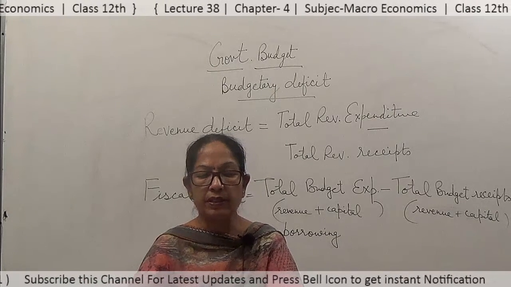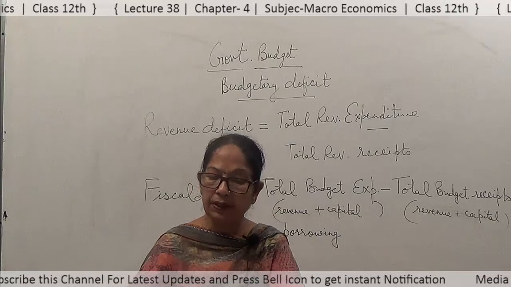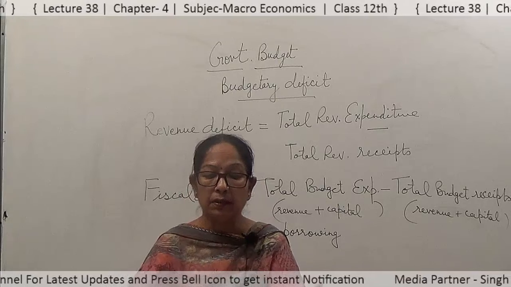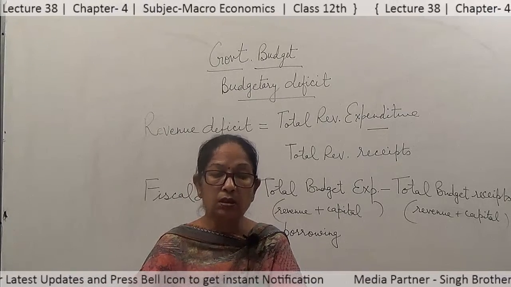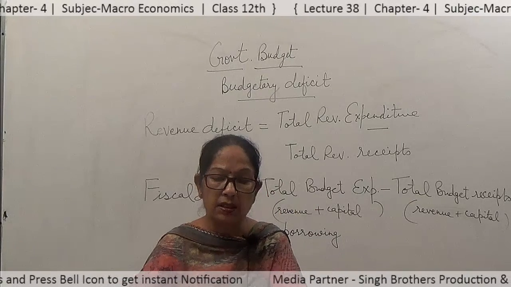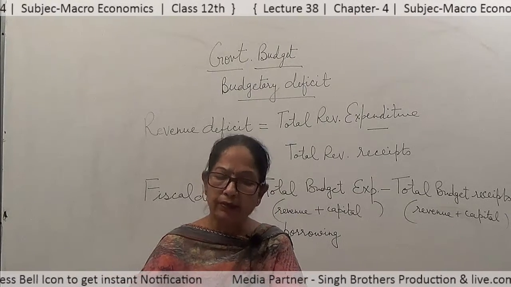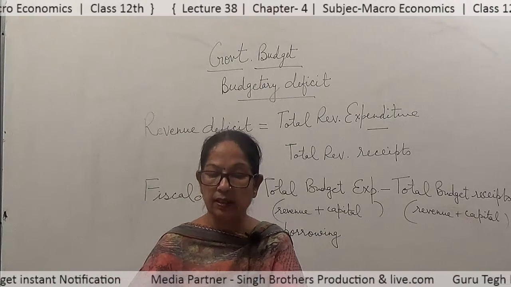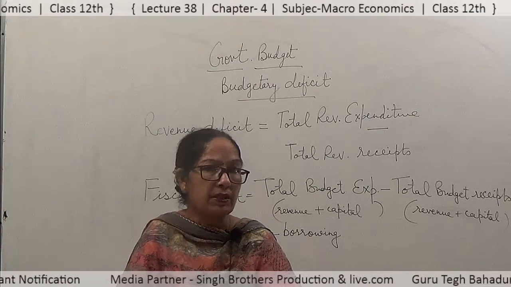Clearly, fiscal deficit gives borrowing requirements of the government, and borrowing includes not only accumulated debt but amount of loan with interest, which means large burden of interest payment and repayment of loan in future. So, safe limit of fiscal deficit is considered 3% to 5% of GDP.